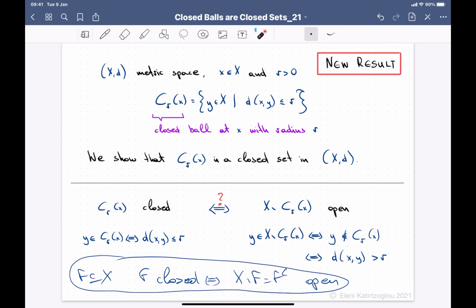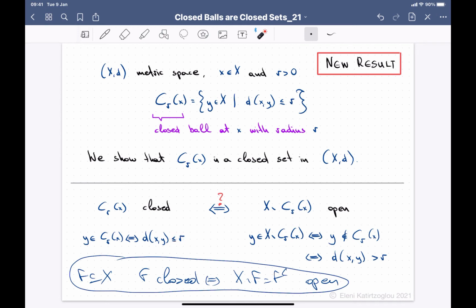Before we move on with the actual proof, let's highlight two things. By the definition of the closed ball, y is an element of the closed ball if and only if the distance between x and y is less than or equal to r.